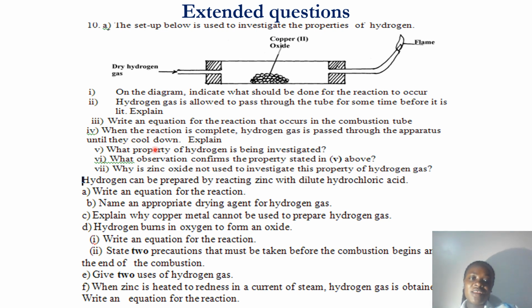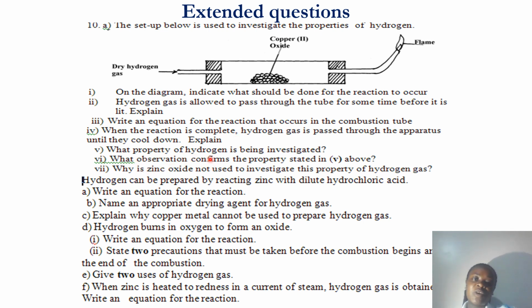Roman 4, when the reaction is complete, hydrogen gas is passed through the apparatus until they cool. Explain. So the reason we continue with the supply of hydrogen gas is to ensure that the copper metal that is formed is not reoxidized to copper 2 oxide again.